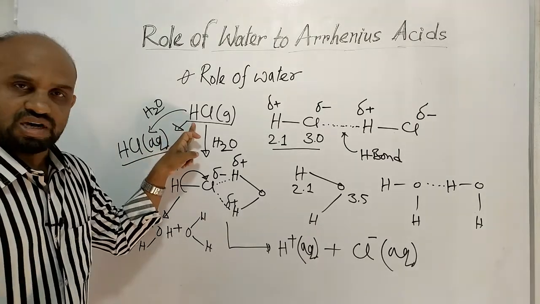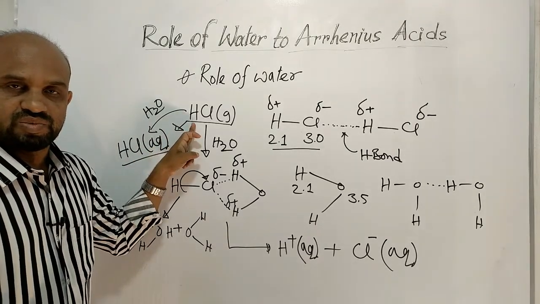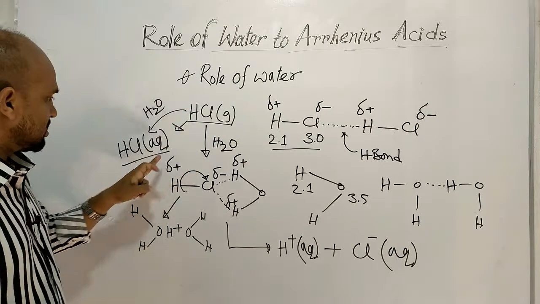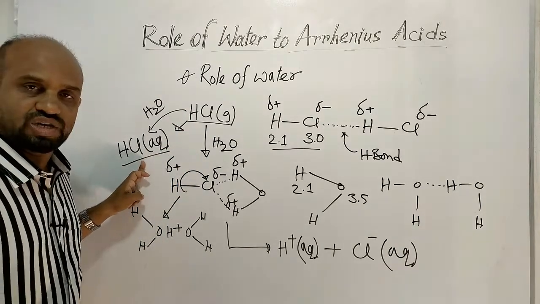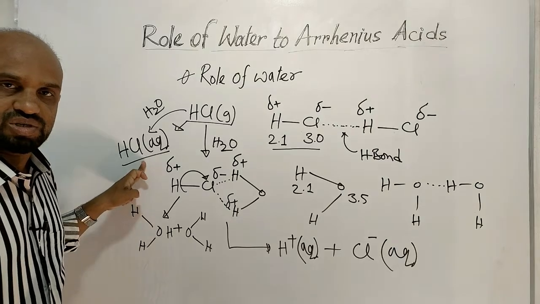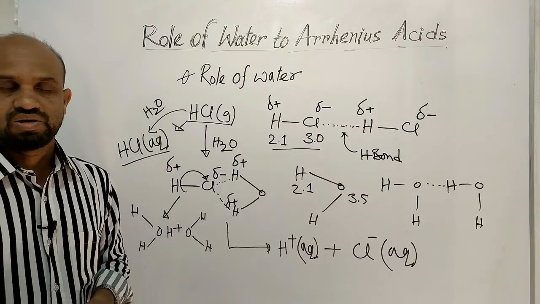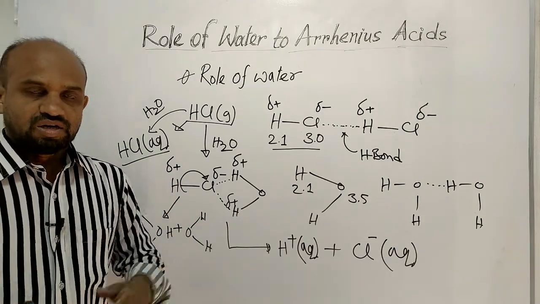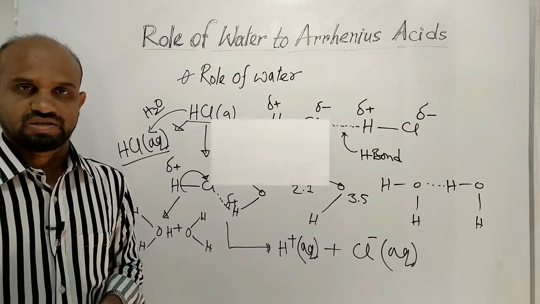So this is hydrogen chloride, which means gaseous, and this is hydrochloric acid, which means hydrogen chloride gas is dissolved in water. Let's see another Arrhenius acid.